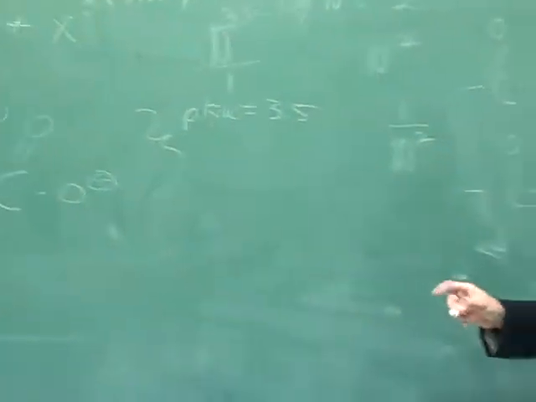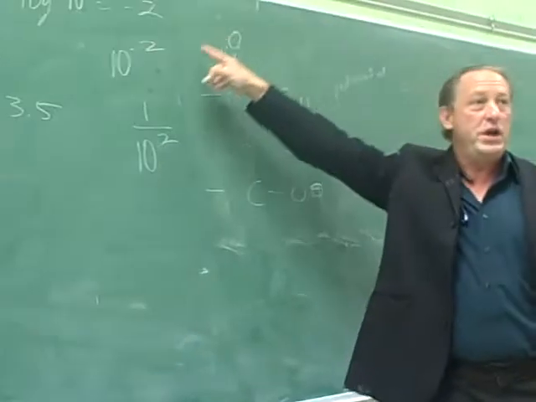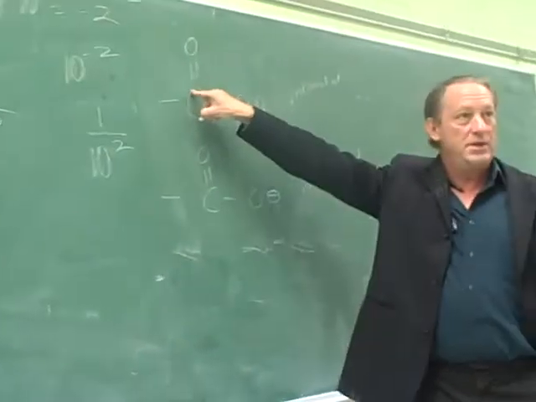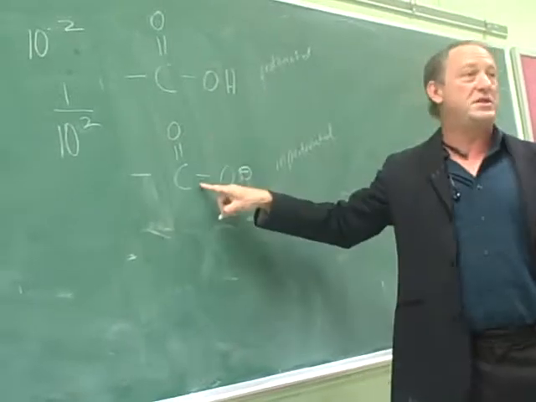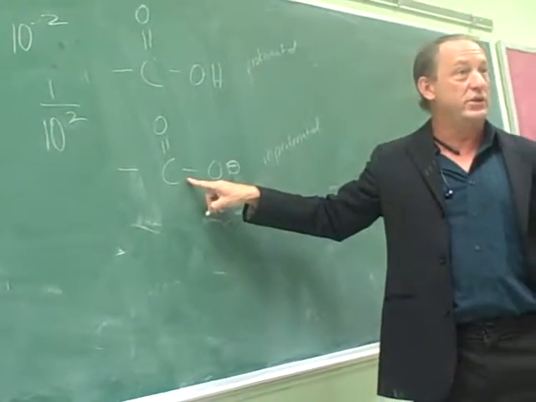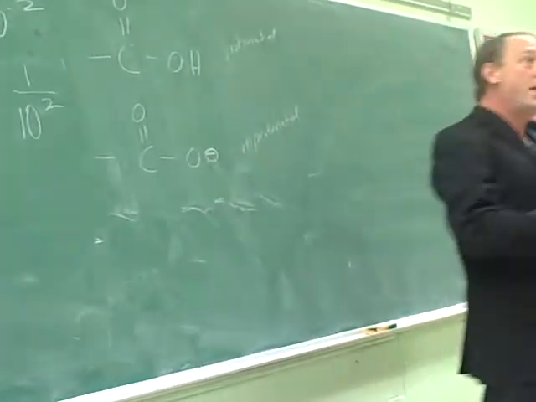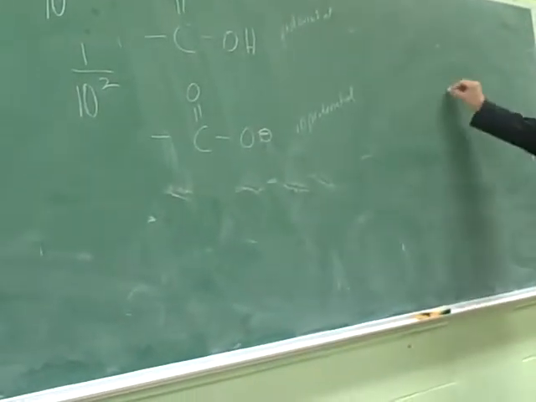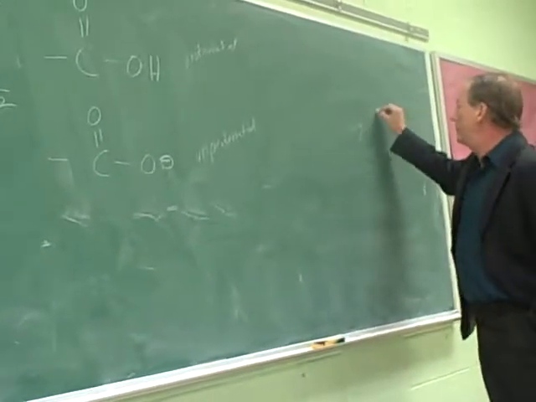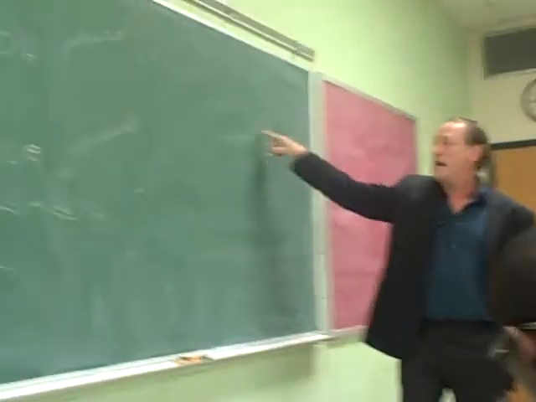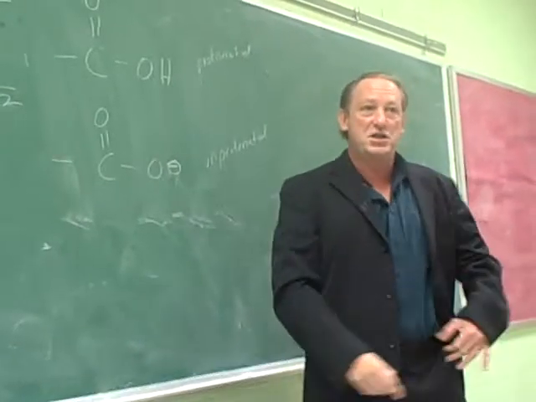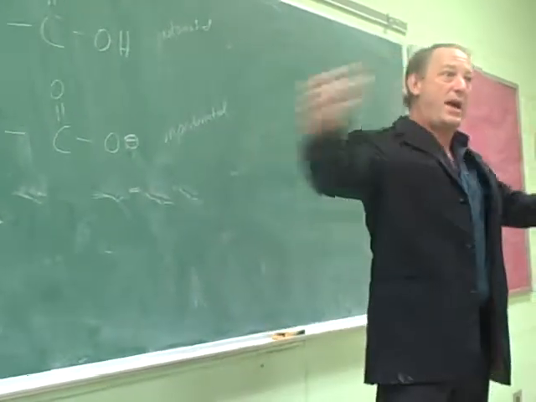Okay, so you have to remember that whenever you have a carboxylic acid, there are two possible forms. Which form you have is determined by the pH of the solution. Remember, pH is the negative log of H plus concentration. These are just free protons. And so the lower the pH, the more free protons you have.